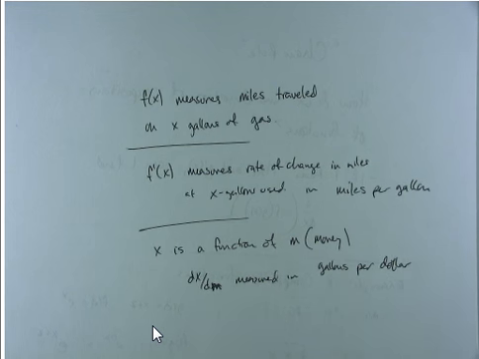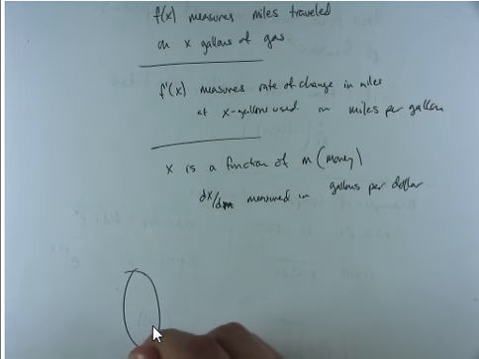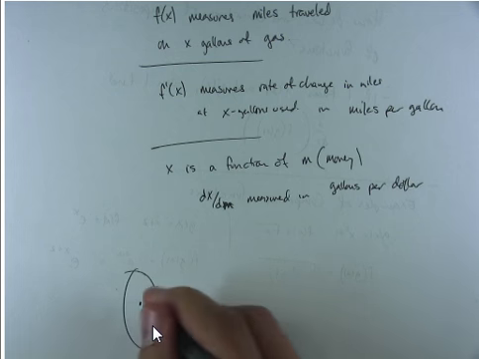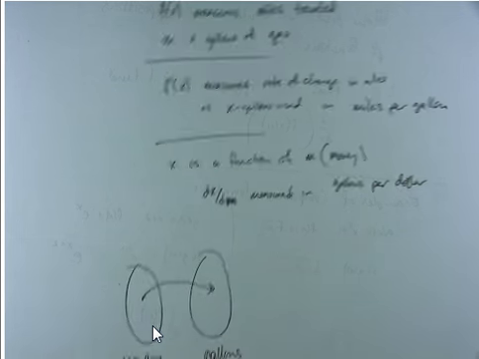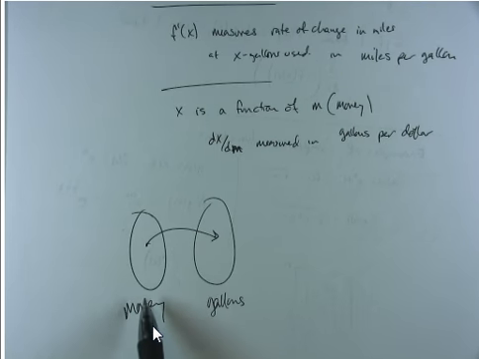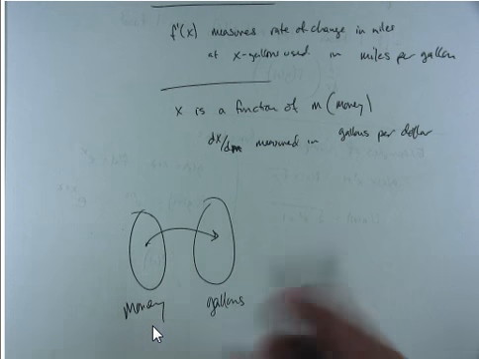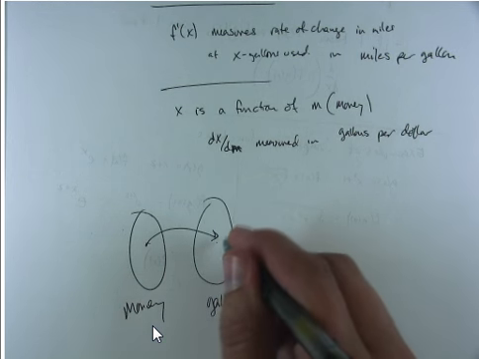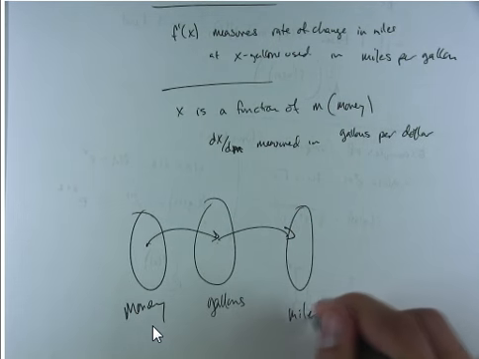In a picture here, here's my money, and you tell me how much money you want to spend, and I can tell you how many gallons of gas you can get. You tell me how many gallons you want to burn, and I can tell you how far you can go.